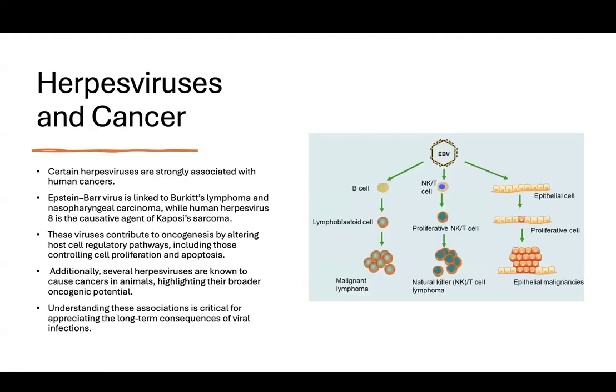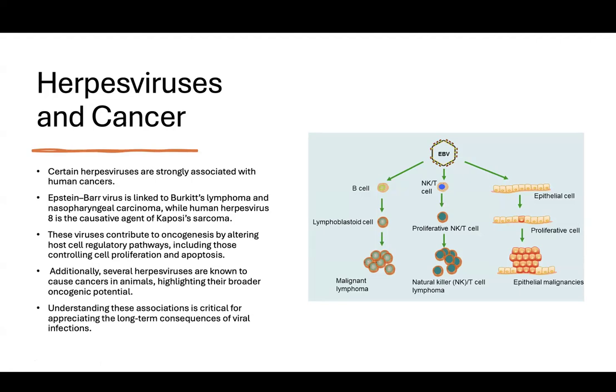As I said at the beginning, your gamma herpes viruses love to induce cancer. Could be your Epstein-Barr virus, your Kaposi sarcoma viruses, and they're linked to producing many different types of cancers, specifically EBV. Your Epstein-Barr virus can induce Burkitt's lymphoma.